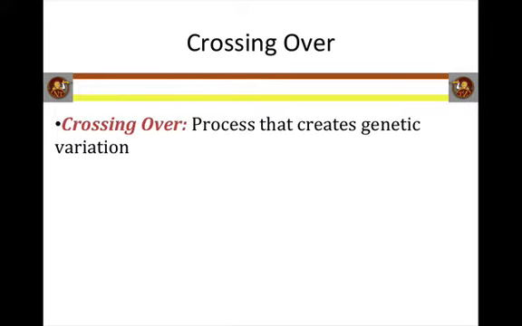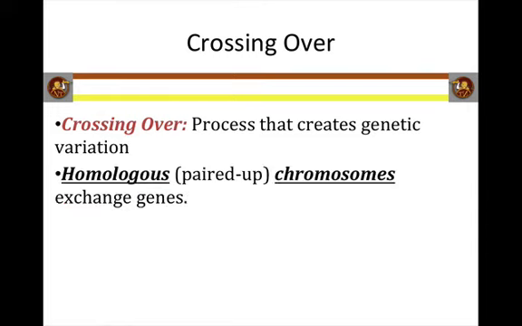Those are all diploid cells. Okay? So we said that meiosis produces genetically varied copies, and this happens because of a process called crossing over. Here we have the definition of crossing over, a process that creates genetic variation. This occurs when something called homologous chromosomes exchange genes.